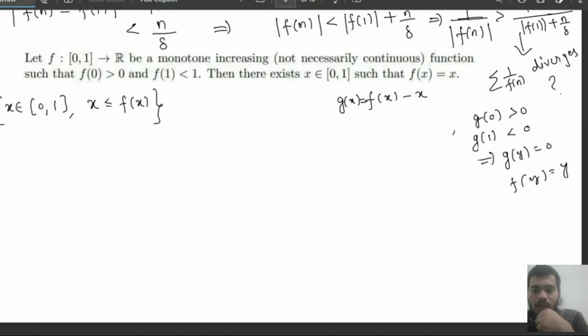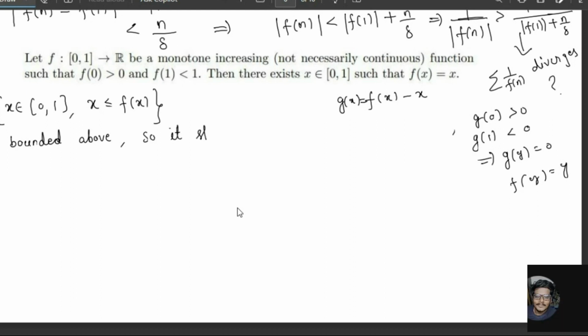Okay. Now, what do you do? If A is bounded above, should it have a supremum? Yes, A is non-empty. Why? 0 belongs to A. No, I mean, why should it have a supremum?